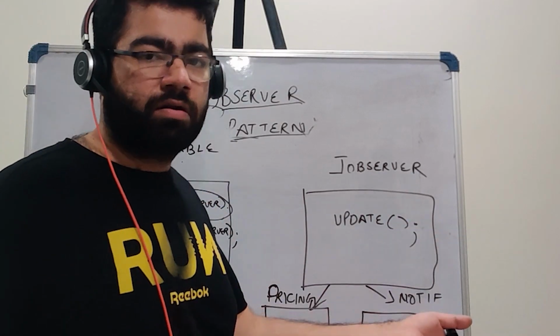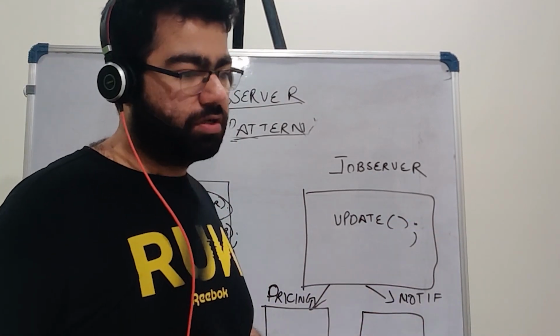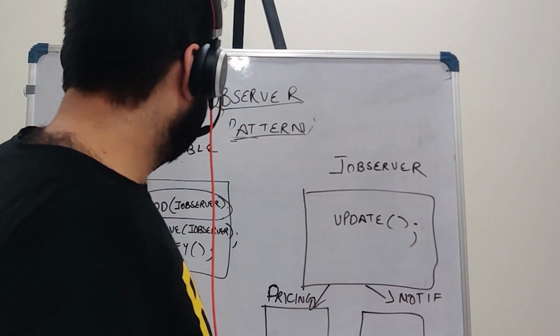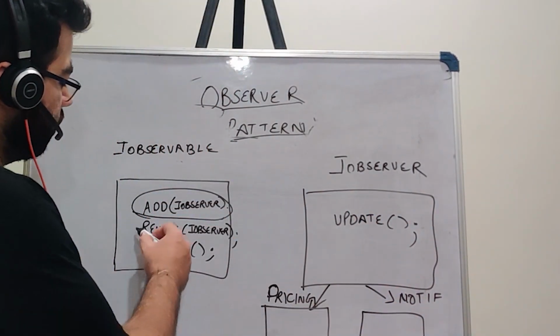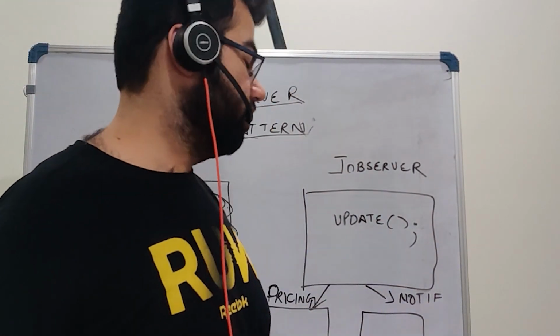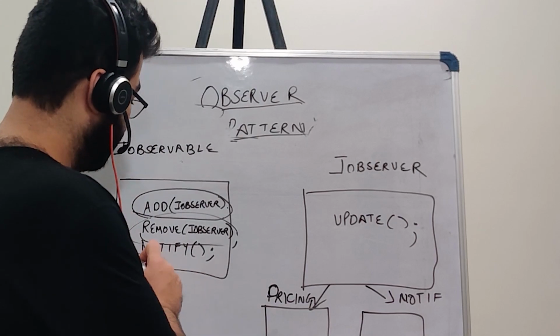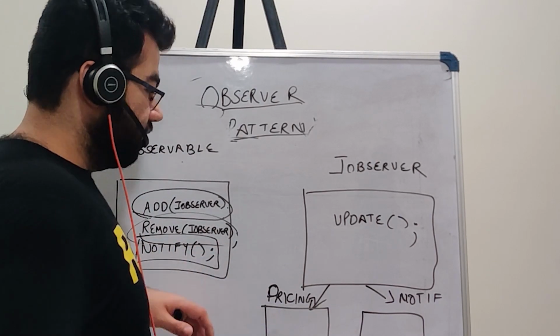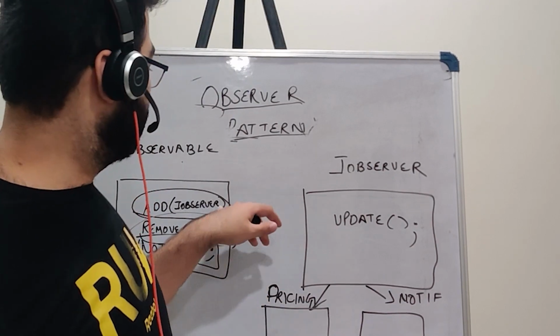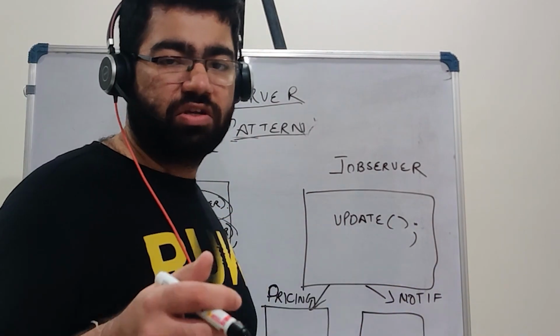Then another class someday comes up that also wants weather updates to do something, we add it. Similarly for removing, we just remove the class which we do not want to listen to the weather updates anymore. And then finally it has the notify. What will this notify do? This notify would inform all the observers that there has been some change in the weather.